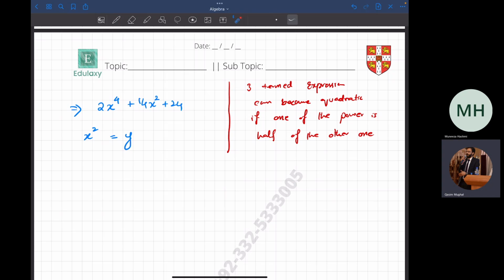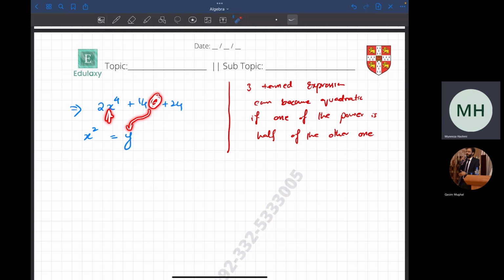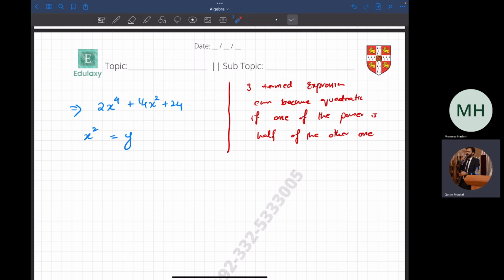For this to be quadratic, if I have y here, what should I have here? Y squared. So if I take the square of this, what do we get? X to the power 4 and then y squared, isn't it?